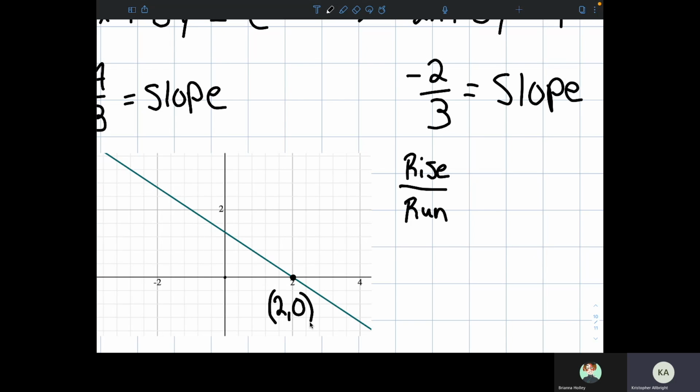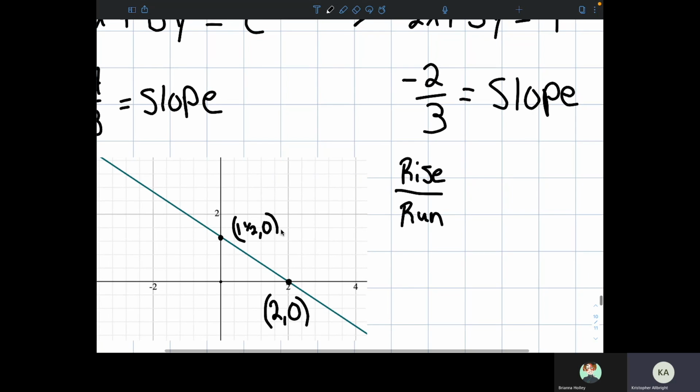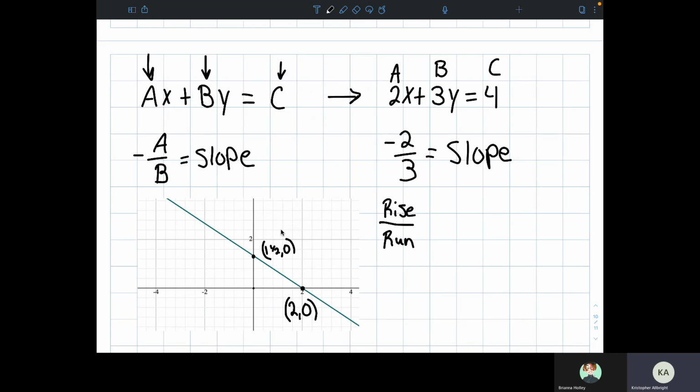Maybe that'll prove to be right in a minute, but maybe it won't. And then here it looks like maybe 1.5. I'm just guessing at these, so let's see if we're close.